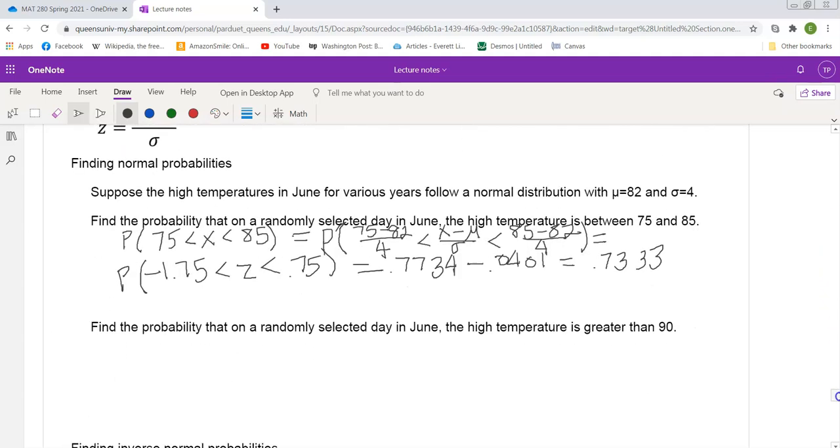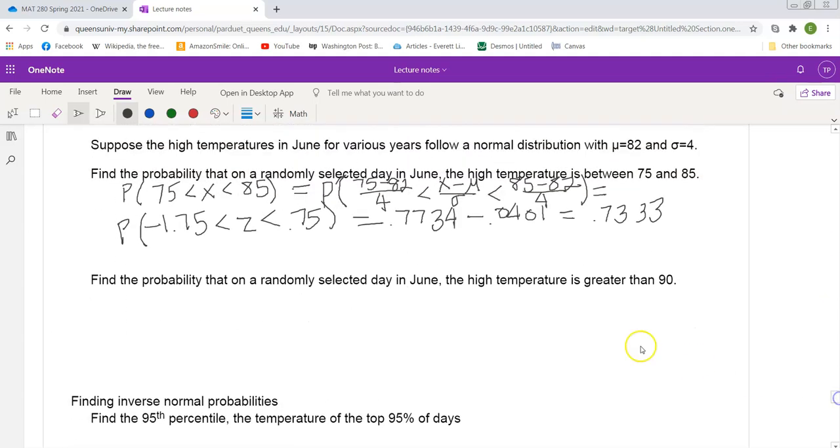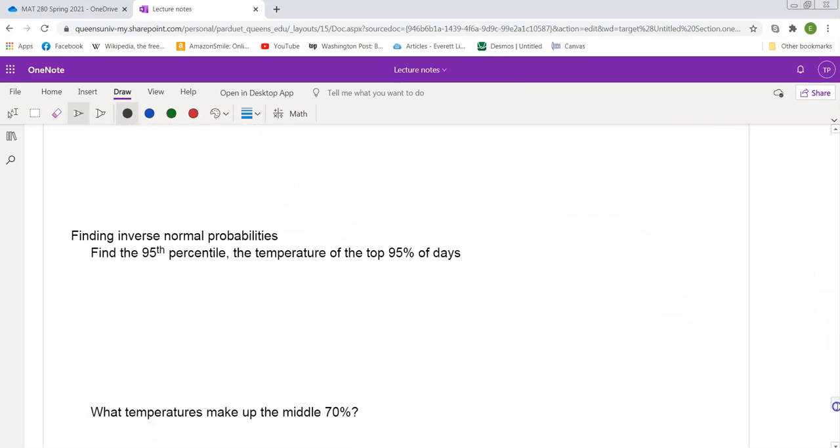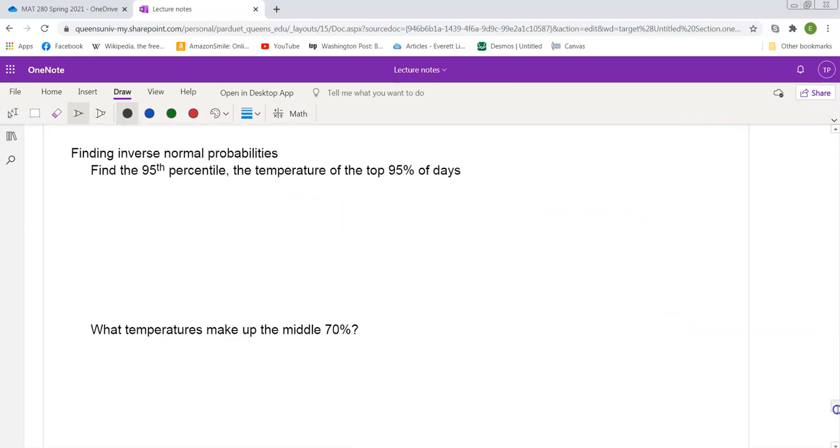I'm going to guess you don't need the second example. Maybe you want to try it, and if you try it, I will confirm in class whether you got it right. And let's look at the second one of these. What temperatures make up the middle 70%?